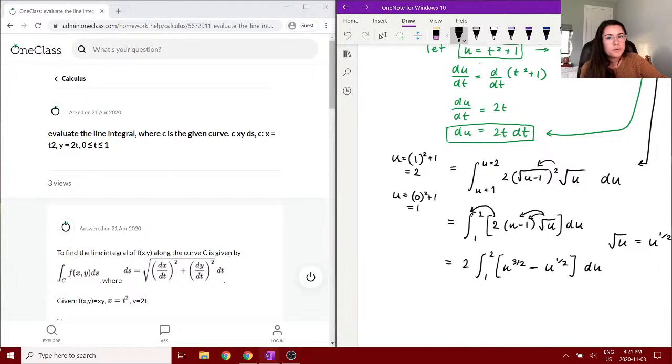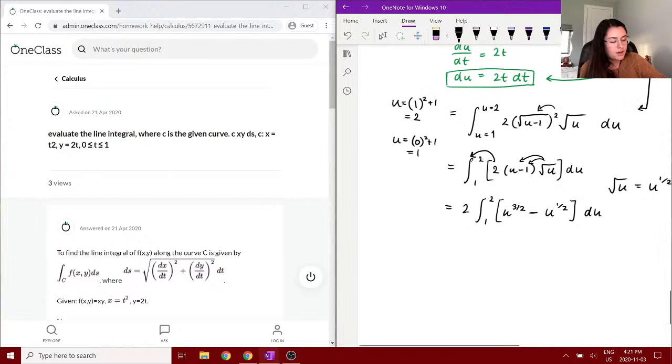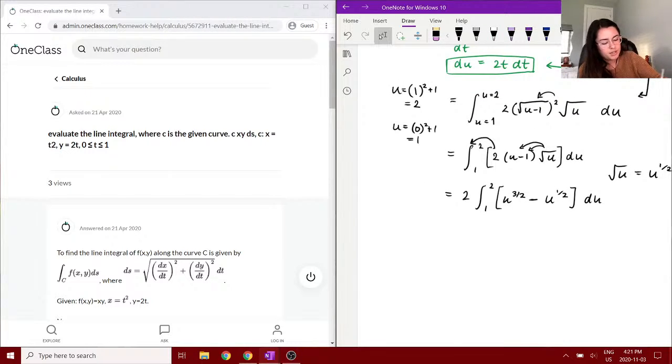And now we have a simple integral to do here. It's just using the reverse power rule, which I'll write here so it's a little bit more clear to see.